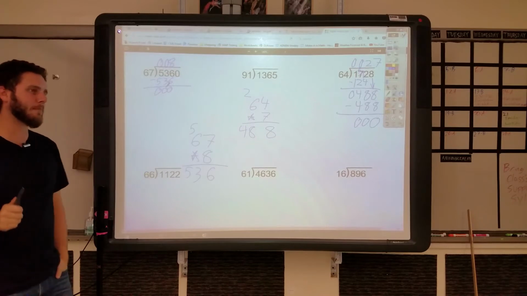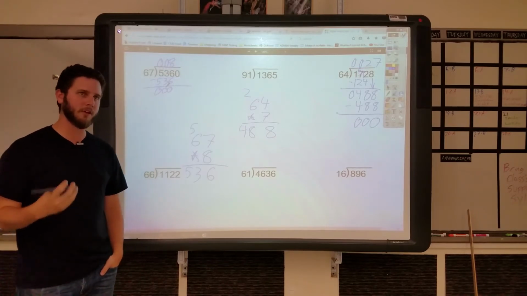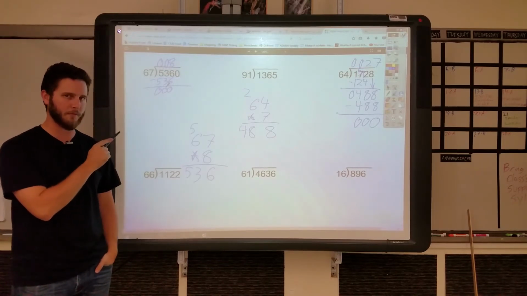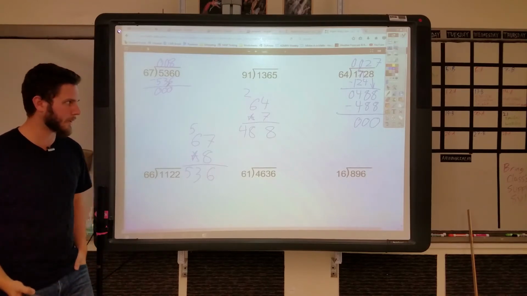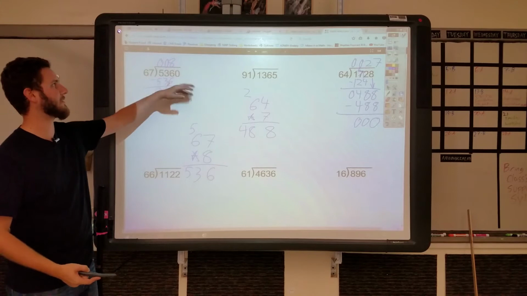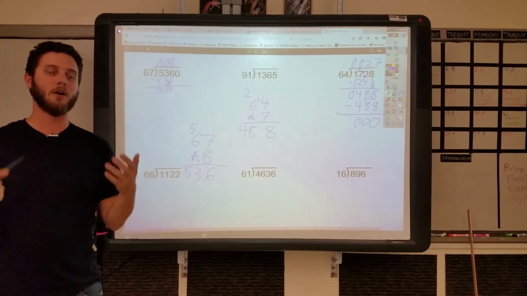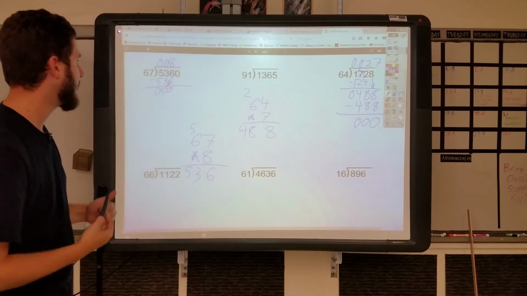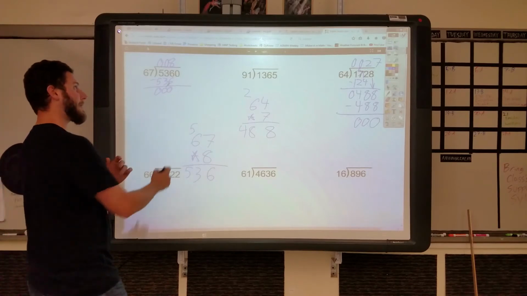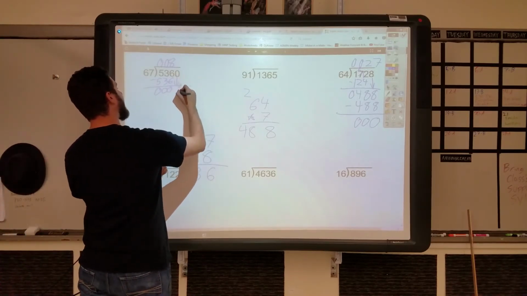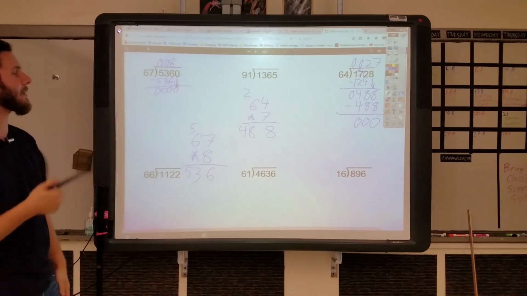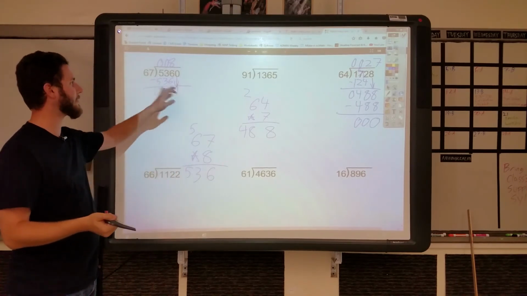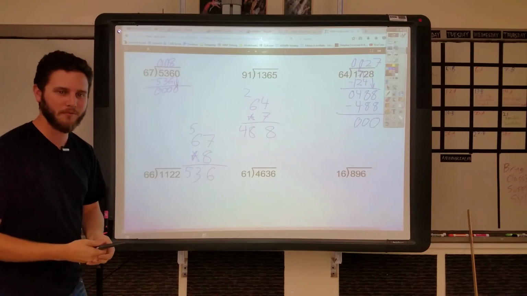Now, this last step is very important because I have seen students do problems like this before, and they will put the final answer to be 8, even though clearly 67 does not go into 5,360 only 8 times. What you have to do next is you have to carry down that one remaining 0. And you do, silly enough, have to ask, how many times does 67 go into 0?